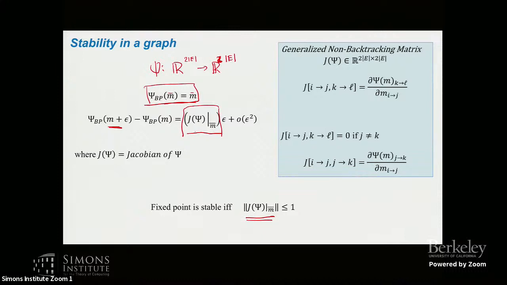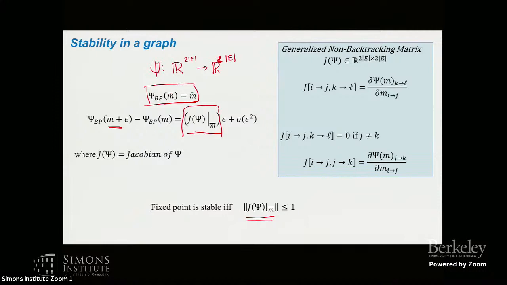The key point is that now I'm talking about stability in a general graph, but we're trying to use the same intuition and look at the fixed point. Since you talked about random epsilon, should it be some kind of Frobenius norm, or a spectral norm? Yeah, it is a spectral norm.